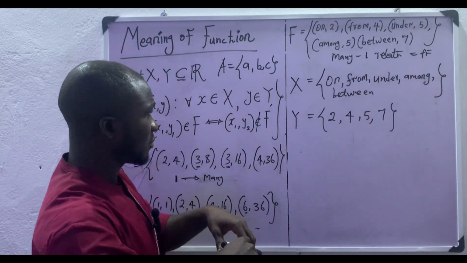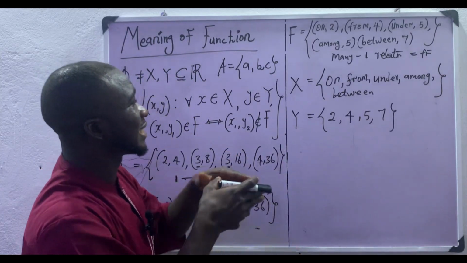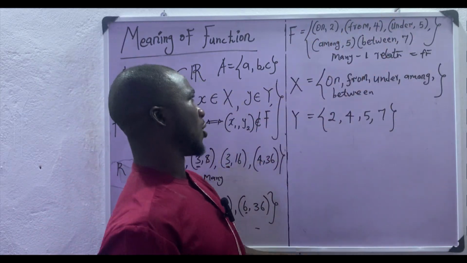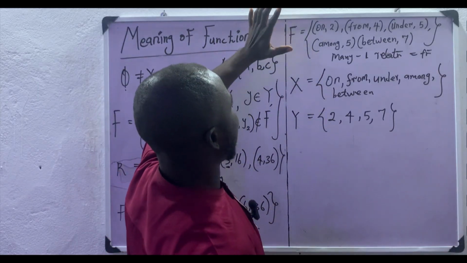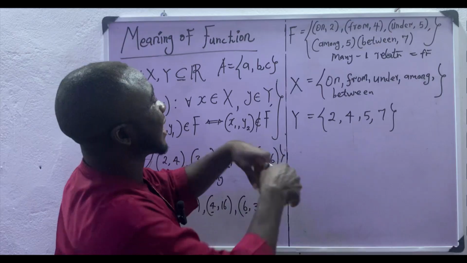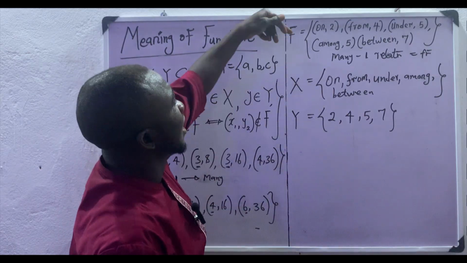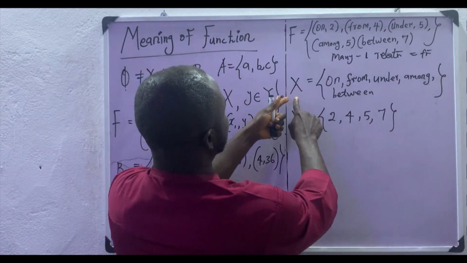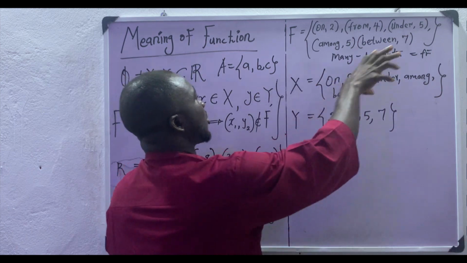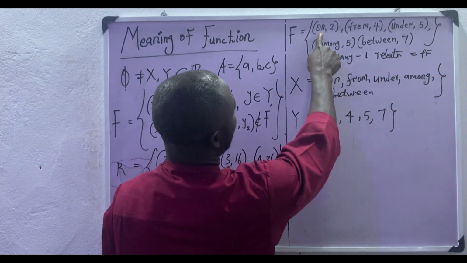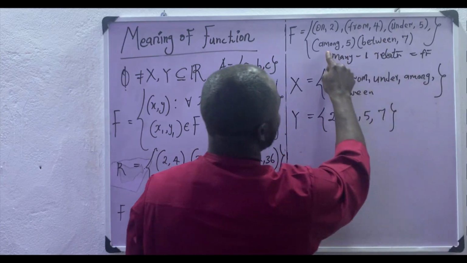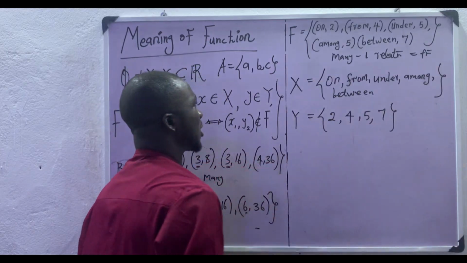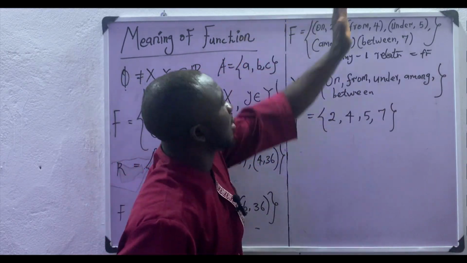Now we can focus our attention on the set that will contain the first entries of these ordered pairs of points. Let's say, for example, in this set F, my focus is on the set that will contain the first entries in each of these pairs of points. If such a set is X, then the elements of the set X will be on, from, under, among, and between, because they are the first entries or the first coordinate of these pairs of points.